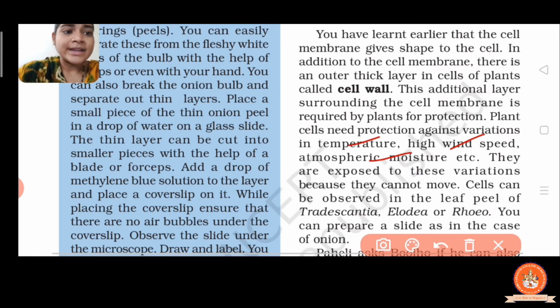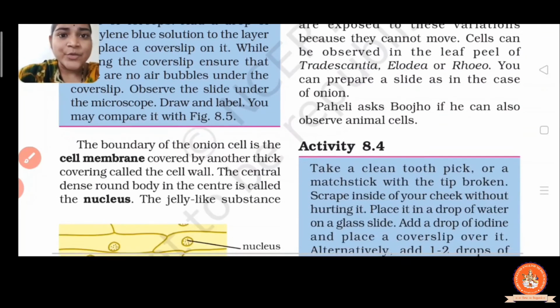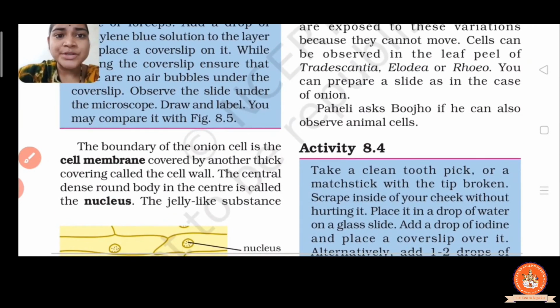So this is the cell wall. Now for an example, the boundary of an onion cell is the cell membrane and is covered by another thick covering called the cell wall. So I think you understood about the cell membrane and cell wall.